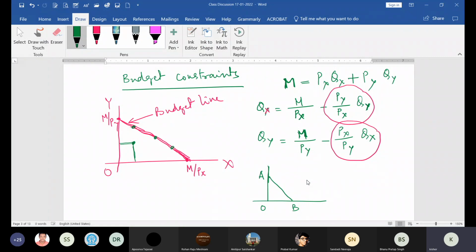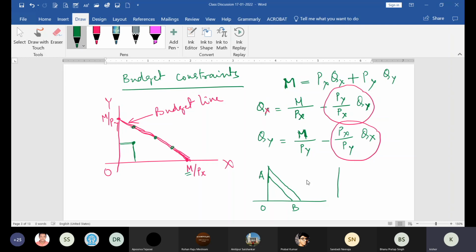Suppose income increases, all other things are at a certain level, meaning per unit price of X and Y is not changing, and the consumer's taste and preference is not changing. The consumer is still looking for more quantity of X and Y. So ultimately, if only income M changes, then the budget line will shift parallelly.